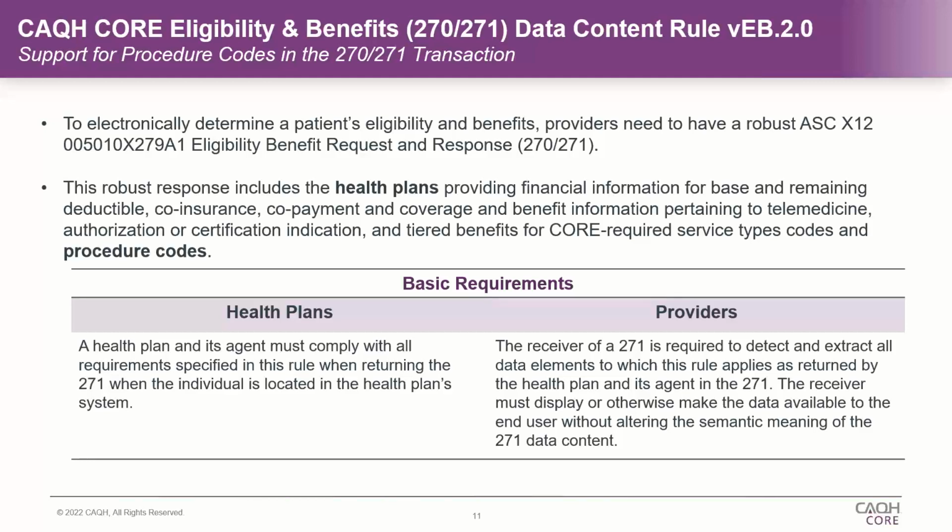And the same goes for that procedure code. So if you received a procedure code 99213 and it's a CPT code, so it would have the qualifier CJ, and then you would have 99213. Maybe there's a modifier, maybe there isn't, and you don't support that level of inquiry, you would technically just treat it like you received a 30, and you would return the host of required service type codes that would be returned if they were a covered benefit for a member at the information source level in their system.